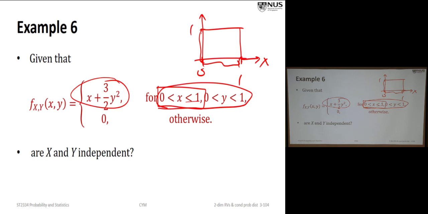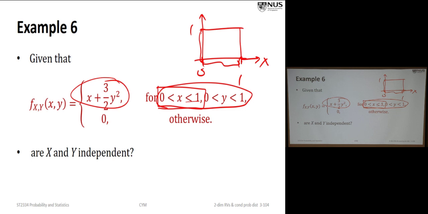If I can factorize the joint PDF into a product of two things, one factor involving only x and the other factor involving only y, then, I also have to check the region, whether it's a product space. But at least I check the formula first.